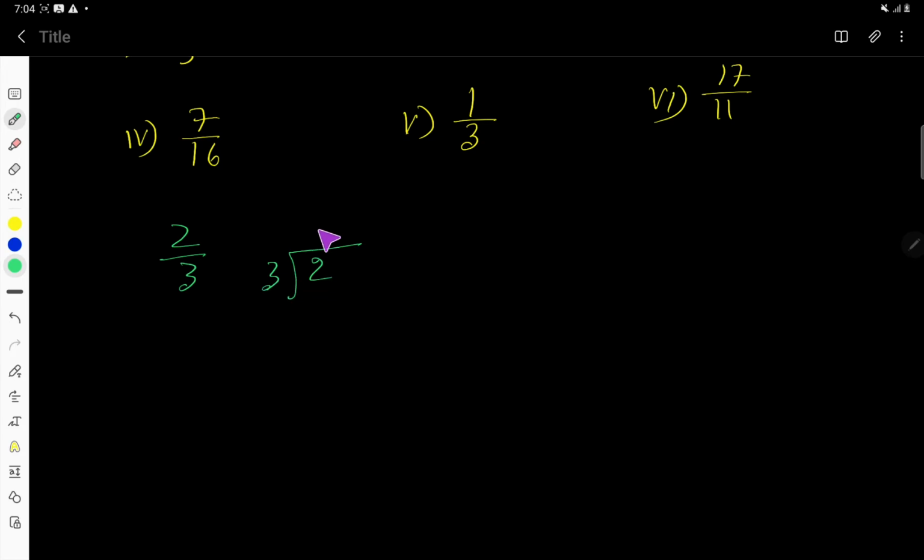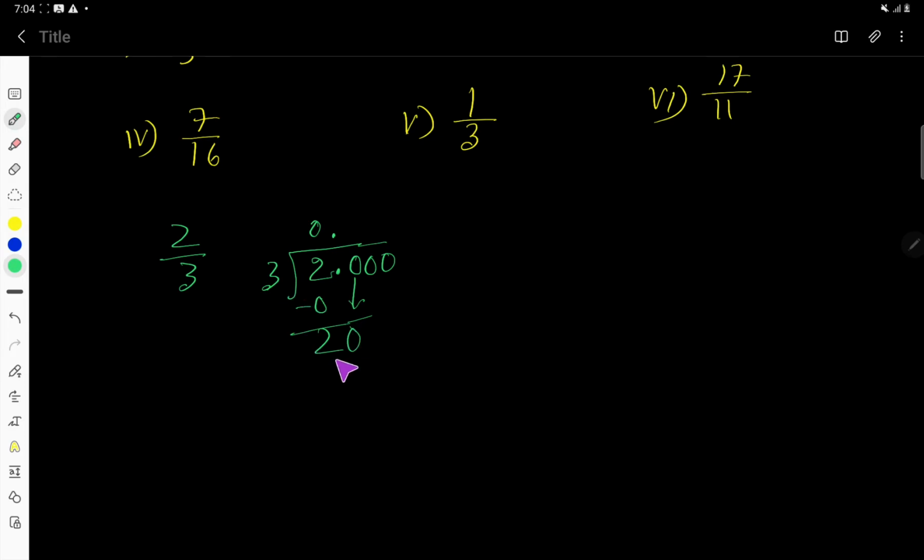Since it is less, 0 times. 0 times 3 is 0, and we get 2. Now you have to take a decimal, that is, you have to extend the dividend, right? You can take any number of 0s. The decimal point will line up with the quotient. Now bring down this 0.